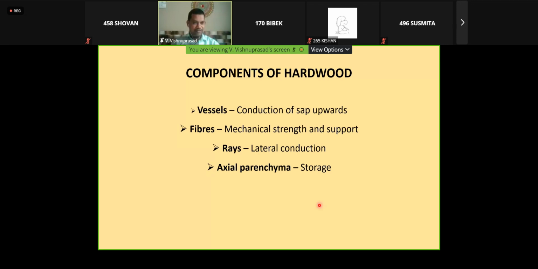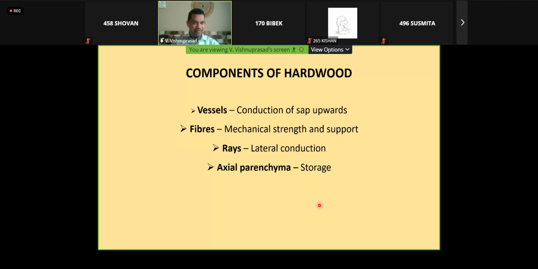Okay. Then let's see some of the important features. Now in the case of a hardwood, the growth ring boundaries can be demarcated in three different ways. Okay, see the first one. In the case of a hardwood, either fibers or tracheids can be present which demarcate the growth ring boundaries, like you cannot distinguish based on the vessels.